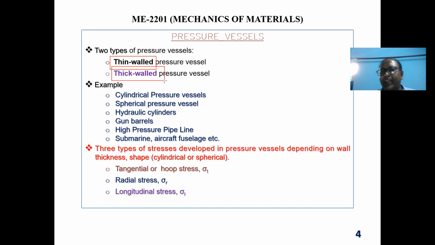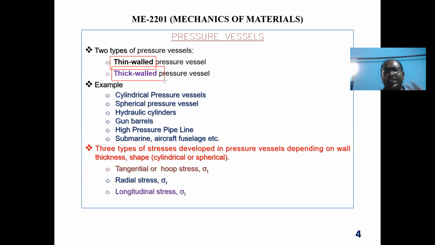But like I told you in the column, even if a column is very small, it can behave like a long column. Even if a column is very long, it might behave like a short column. Similarly, a pressure vessel wall that is very thin might work like a thick wall pressure vessel.